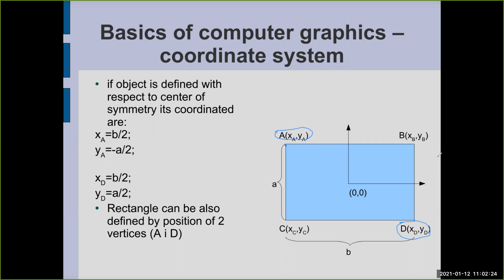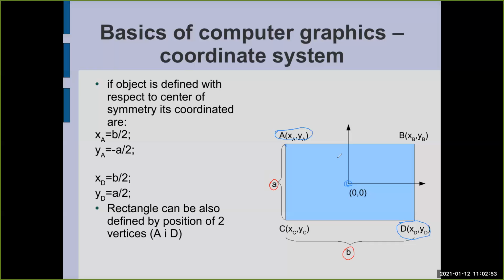The second possibility is to represent a rectangle using the position of its center point, and using the dimensions, so using A and B. So there are 2 possibilities how we can represent a rectangle.